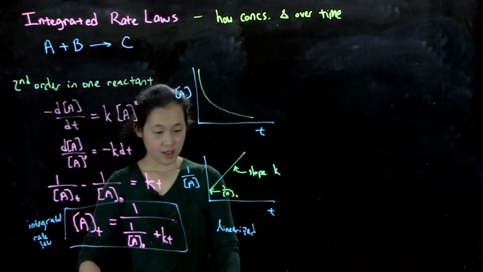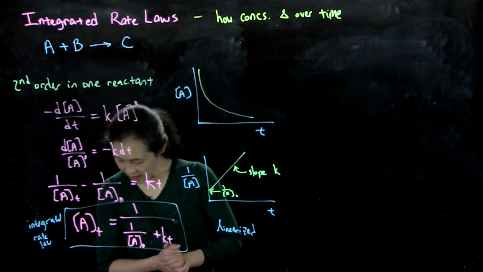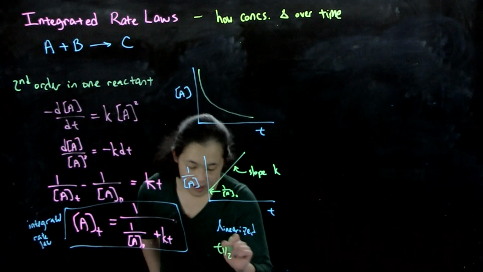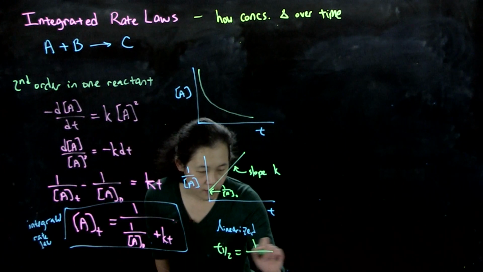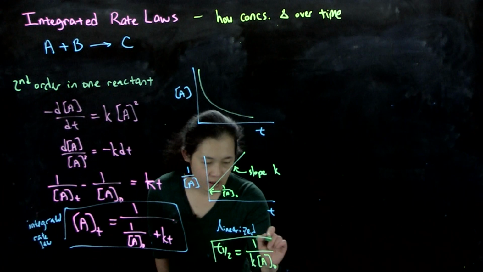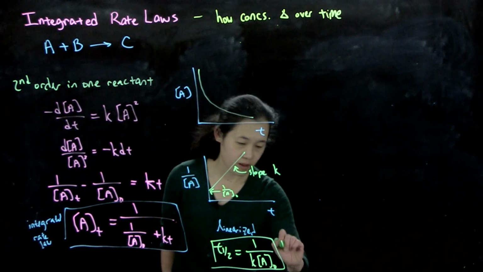OK. So, second order reactions. Oh, and lastly, I'll let you solve this on your own, but the half-life of a second order reaction is going to be equal to 1 over k times the initial concentration of A. So in this case, the half-life is dependent on the initial concentration.